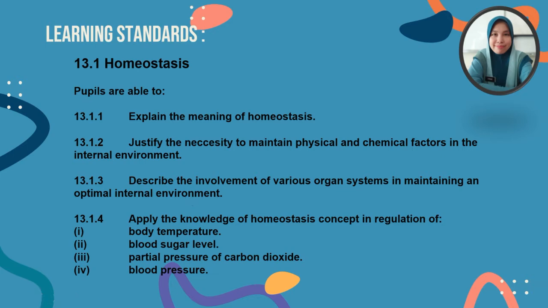Okay, the last one is apply the knowledge of homeostasis concept in the regulation of body temperature, blood sugar level, partial pressure of carbon dioxide, and also blood pressure. Okay, so these are the learning standards for 13.1 homeostasis. Alright, so let's go to the next slide.